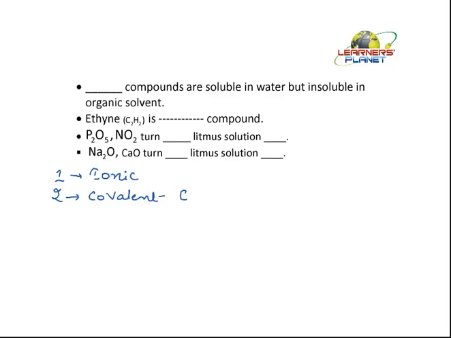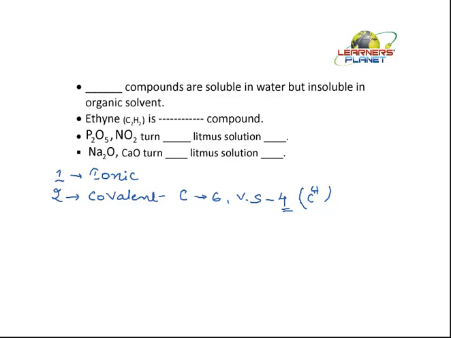atomic number of carbon, students? It is 6. How many electrons does it have in the valence shell? In the valence shell it has 4 electrons. So it requires a large amount of energy to lose these 4 electrons. And when it loses its 4 electrons, what ion will it form? C4+. Whereas non-metals form negative ions.